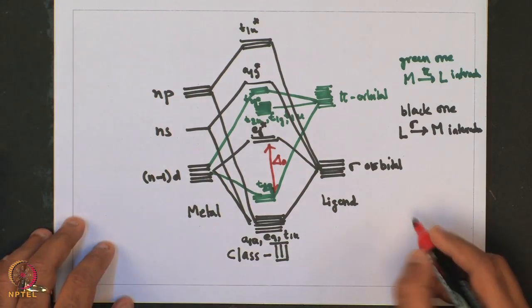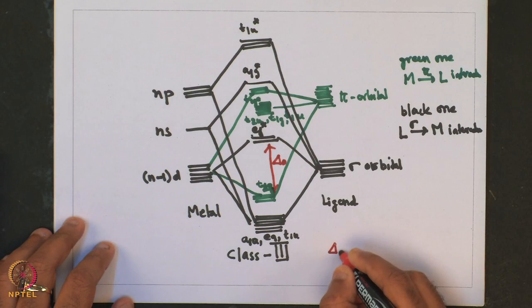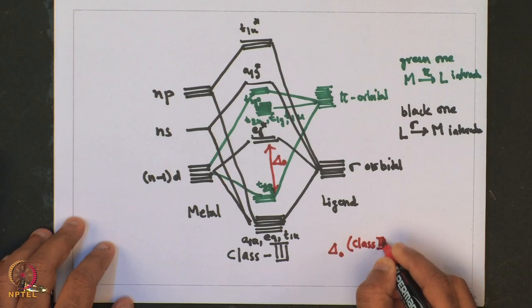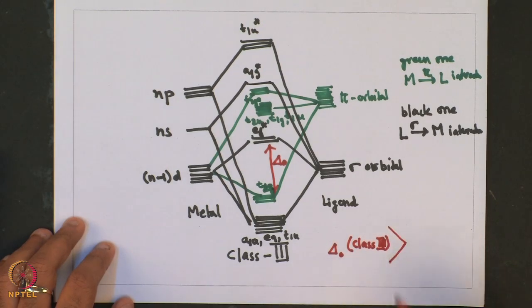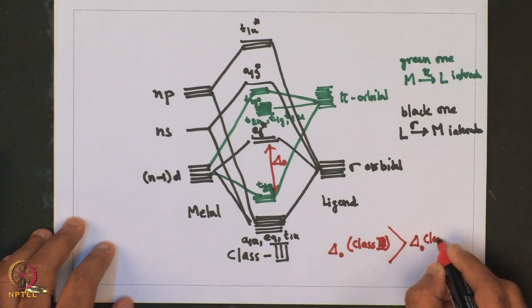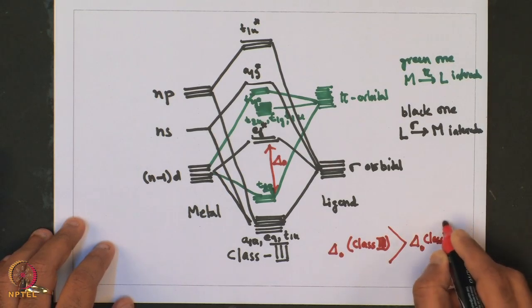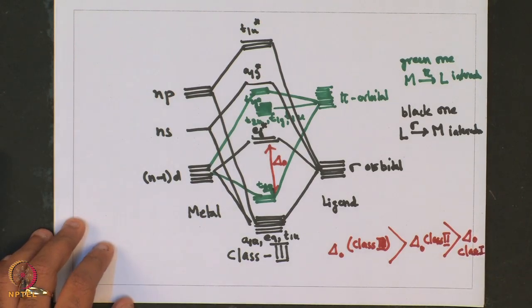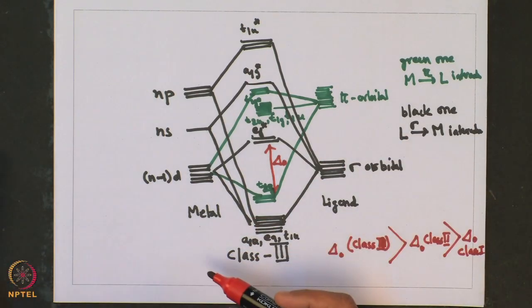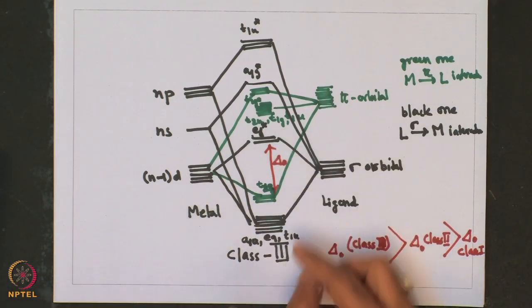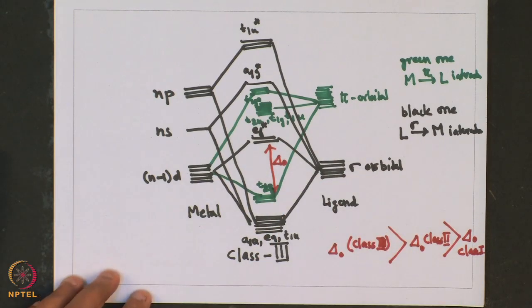Now, what we see is that delta 0 of class 3 is much greater than delta 0 of class 2, which is greater than delta 0 of class 1. Because of this pi engagement with the non bonding d orbitals, the delta 0 has increased substantially.